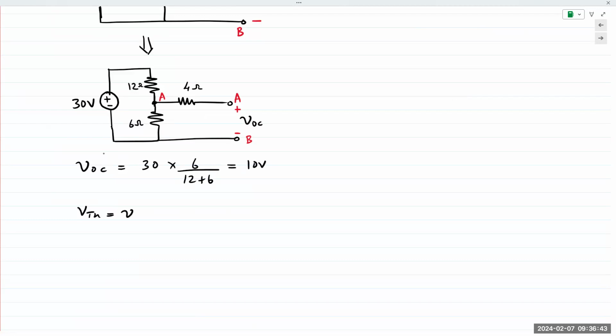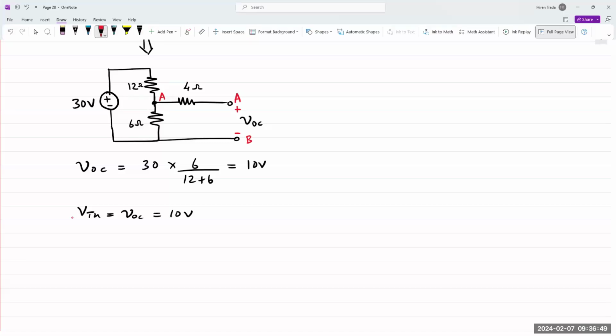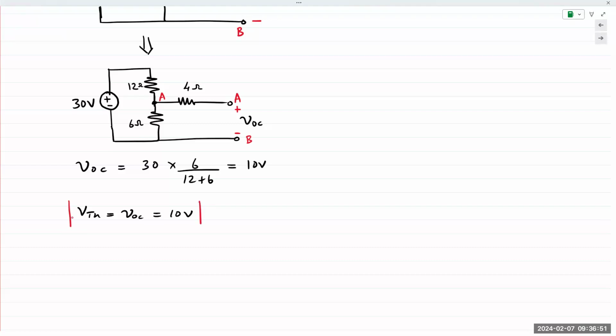And VTH is VOC, so 10 volts. So my Thevenin voltage for this circuit is 10 volts.